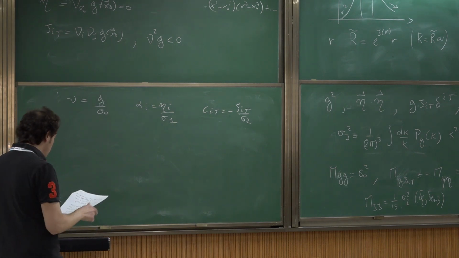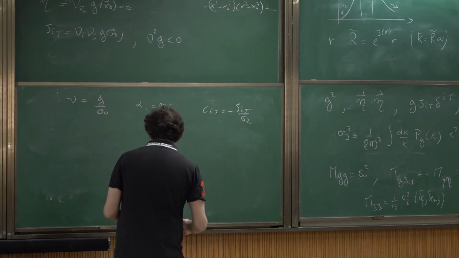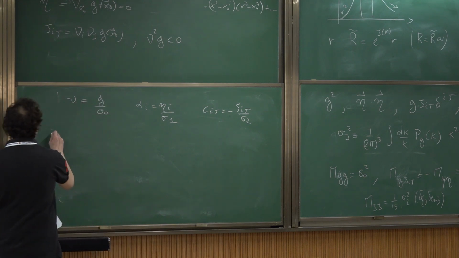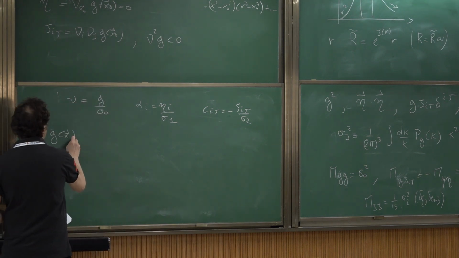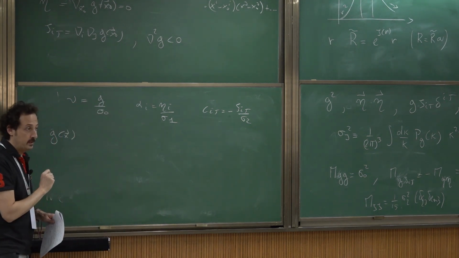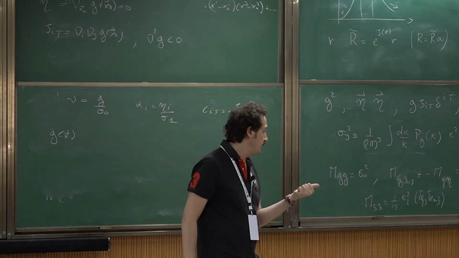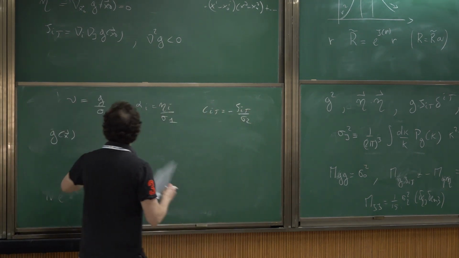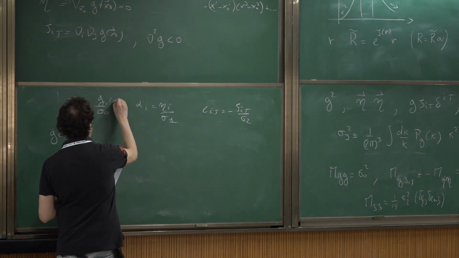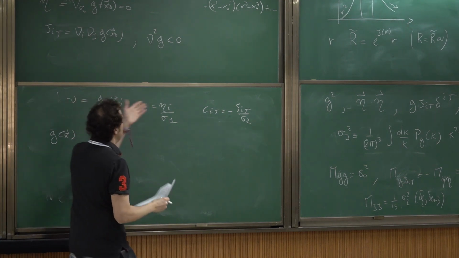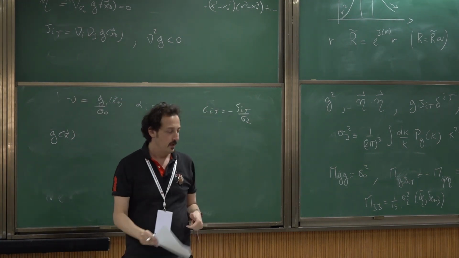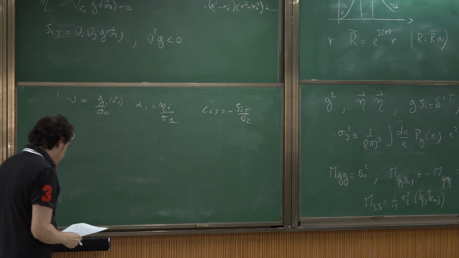What we do is the following. As we said, we expand g of x around its peak. This will depend only on the value of g at its peak. Here is the derivative and the second derivative.